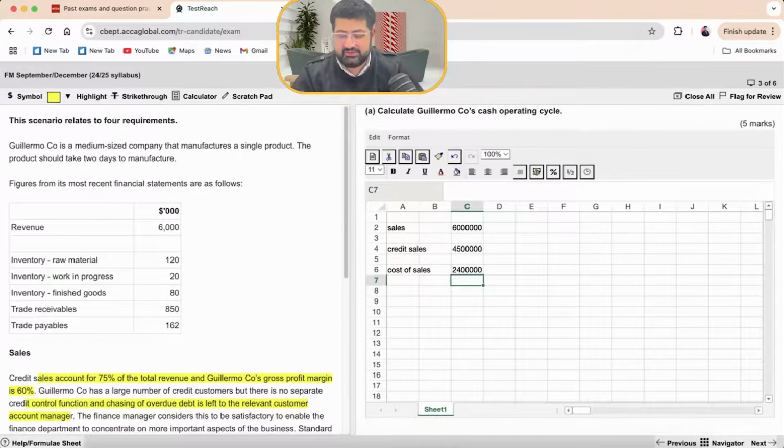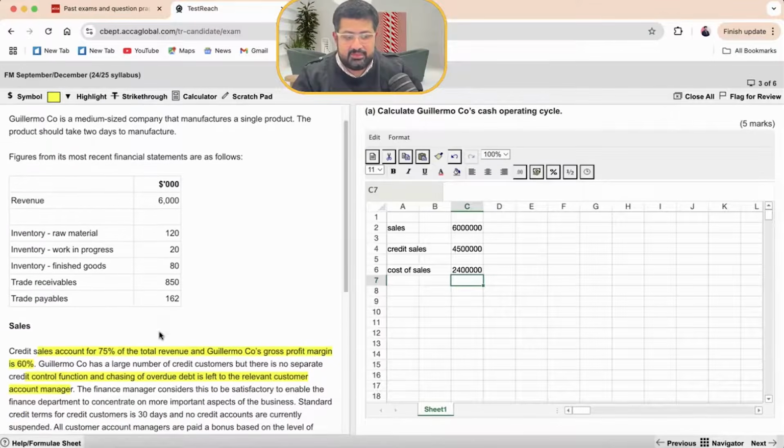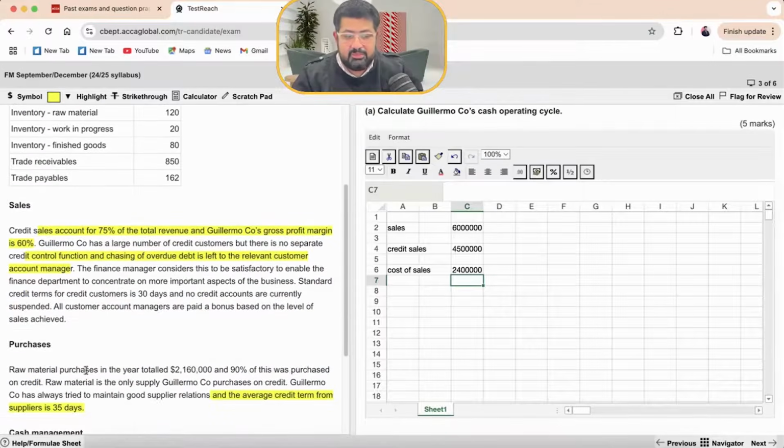So we have calculated these three very important items. Then we have one more thing over here. Purchases are 2,160,000, and credit purchases are 90% of it. So credit purchases are 2,160,000 into 0.9. So these are the credit purchases with us.